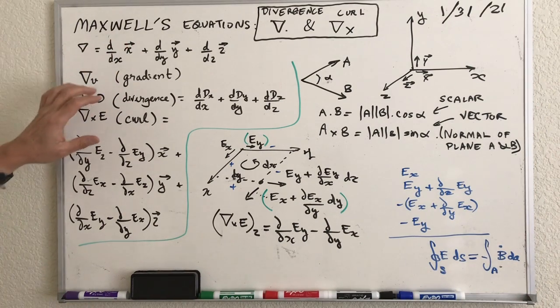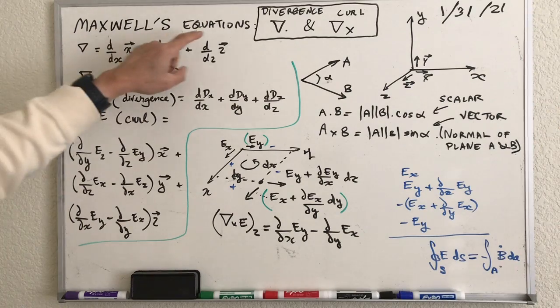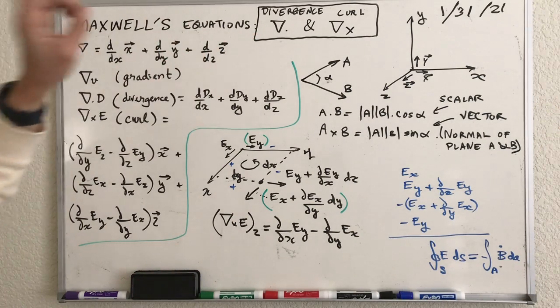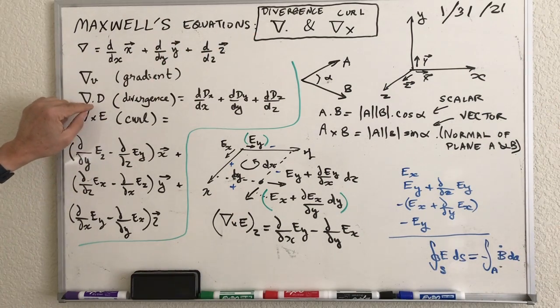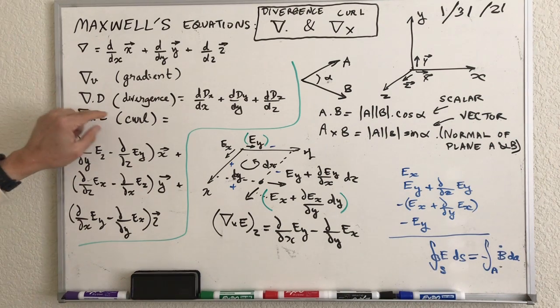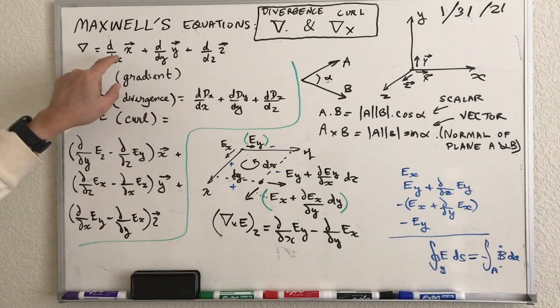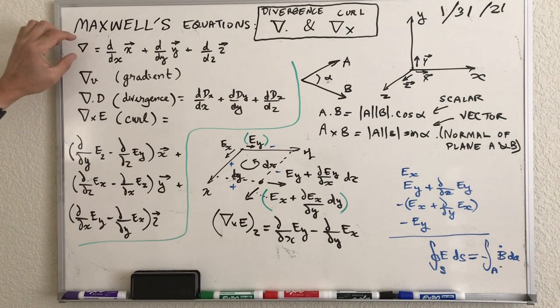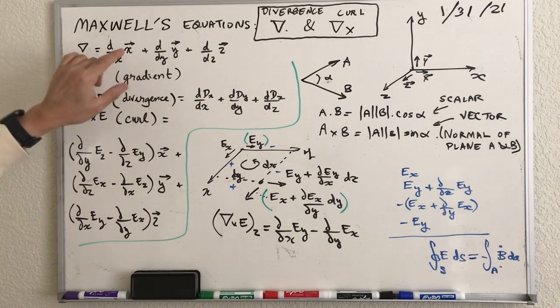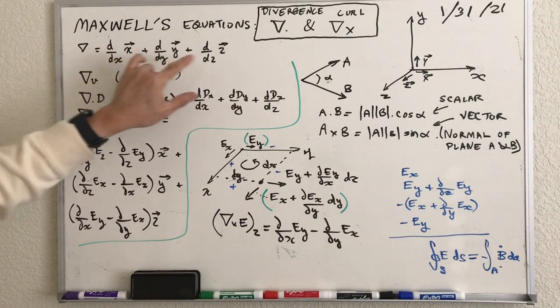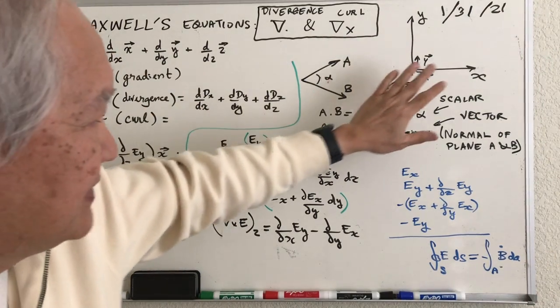The other two operations that you can apply the differentiator operator to are dot multiplication, which becomes the divergence, and cross multiplication. Simply speaking, this del has three components, x, y, z, in a coordinate system.